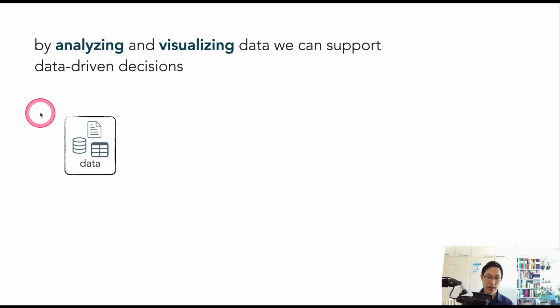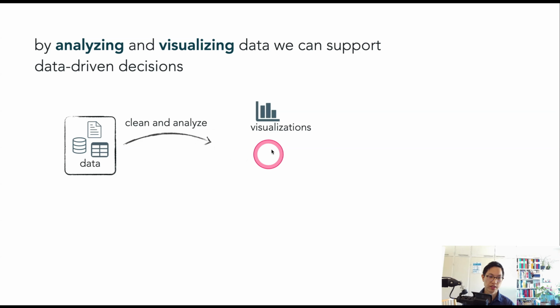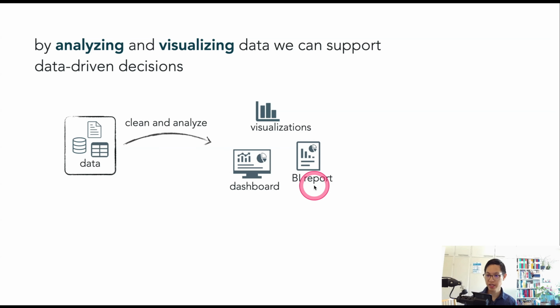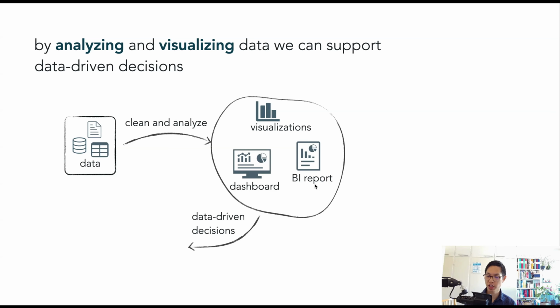So you have a lot of data, and you clean it and analyze it. And then you make different types of visualizations, BI report, dashboard. So BI stands for business intelligence. So based on these different types of visualizations, you can make data-driven decisions. Business stakeholders can make data-driven decisions based on the visualizations. So this is the idea.